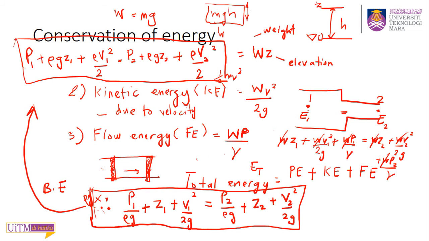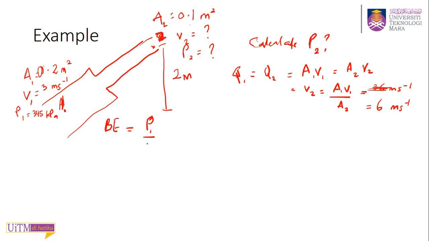So P1 over rho g, plus Z1, plus V1 squared over 2g, equal to the pressure at point 2 over rho g, plus Z2, plus V2 squared over 2g.